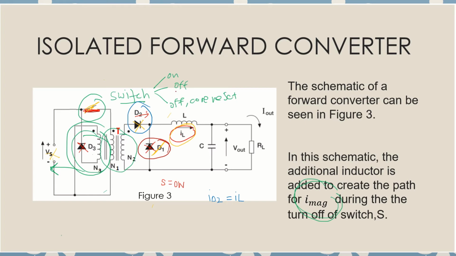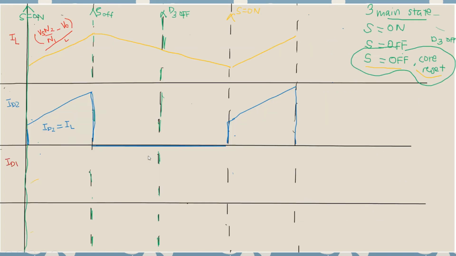When the S is off is when ID1 starts to turn on. So here, for example, it will be 0 in the beginning.